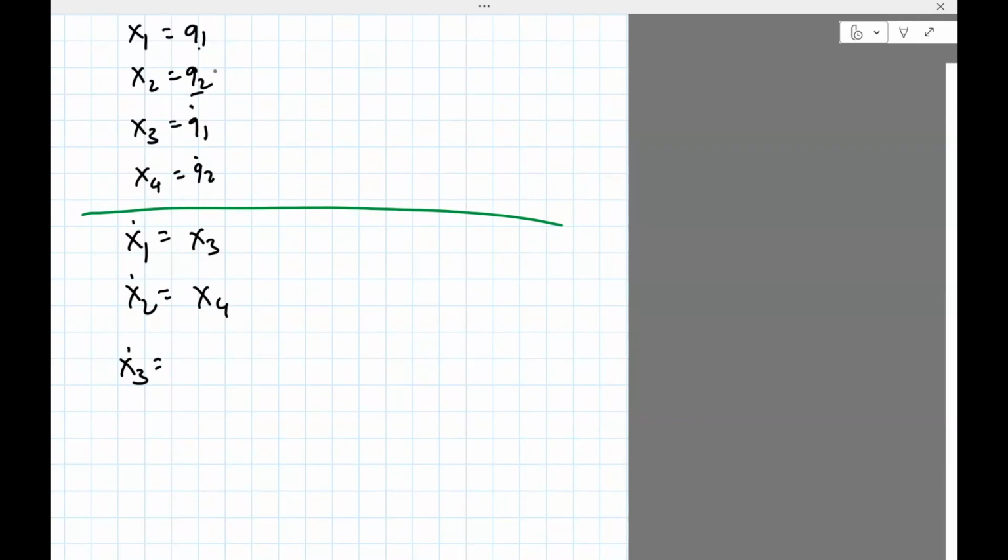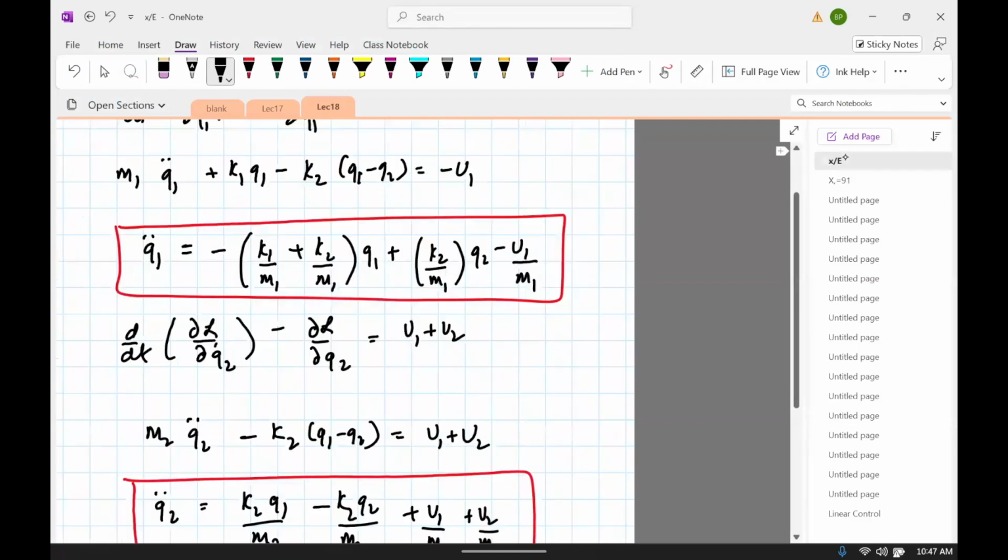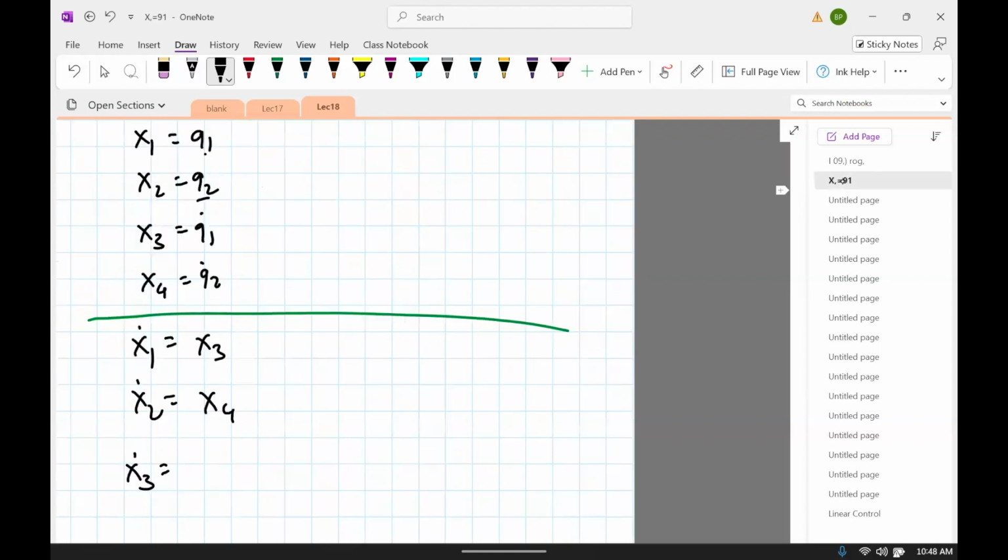Now x3 dot is q1 double dot, right? So q1 double dot, if you go back right here, this is q1 double dot. So I need to write this equation, the first one, in terms of x1 and x2. So this will be x1, this will be x2, and those constants will stay there as they are. So let me write that down.